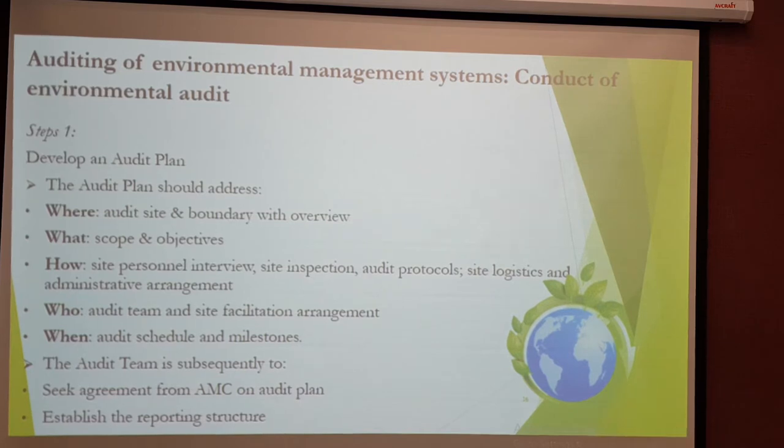Then how: site personnel interview, site inspection, audit protocol, logistics, administrative arrangement. And who: the responsibility, audit team, site facilitation arrangement, etc. And the last one is when: audit schedule, when the audit is to be conducted and what is to be achieved, like milestones.